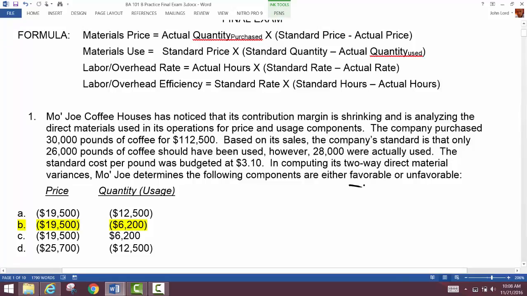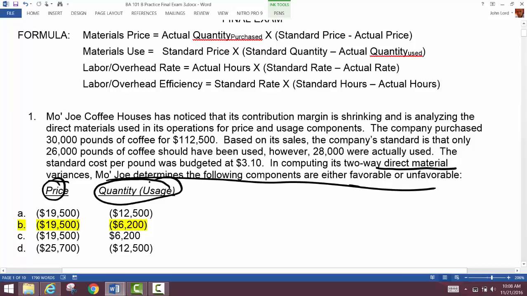So they start to analyze the direct materials used in its operation. They tell us some information about what they purchased, etc. And they want us to determine the following for the materials. They want both price and quantity.